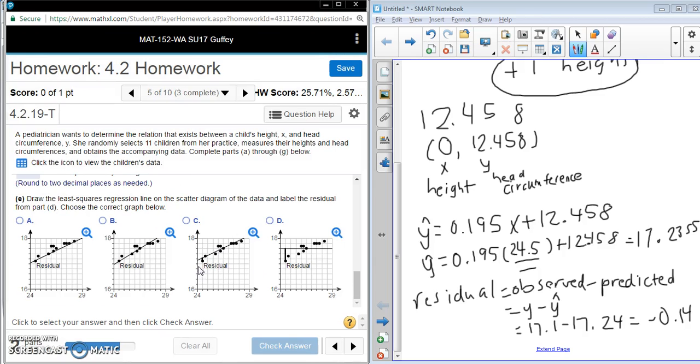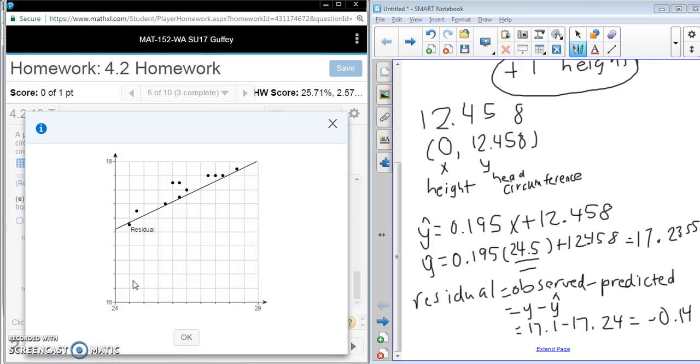Right, so residual is the difference from the point to the line, right? And so we know this one's wrong because our regression line is not a straight line, right? And so we want to look at these. You'll notice these are all kind of close, so let's click on these to look at it. You'll notice it's a very small scale.